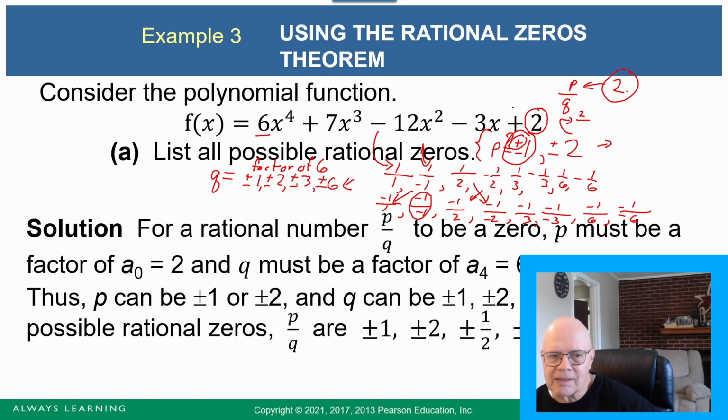Several possibilities. 2 over 1, 2 over -1, 2 over 2, 2 over -2, 2 over 3, 2 over -3, 2 over 6, and 2 over -6.